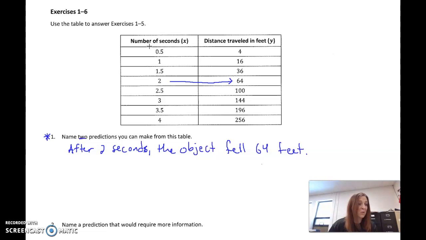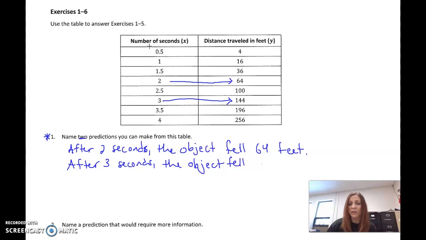Then maybe we'll say after 3 seconds, the object fell 144 feet. Don't overthink it, think of this more as reading a table. Again, it's not like we're multiplying 1 times 16 and then 2 times 16. No, it doesn't work that way.